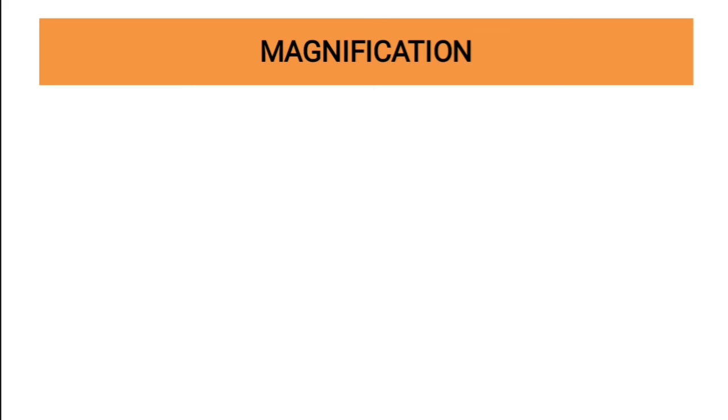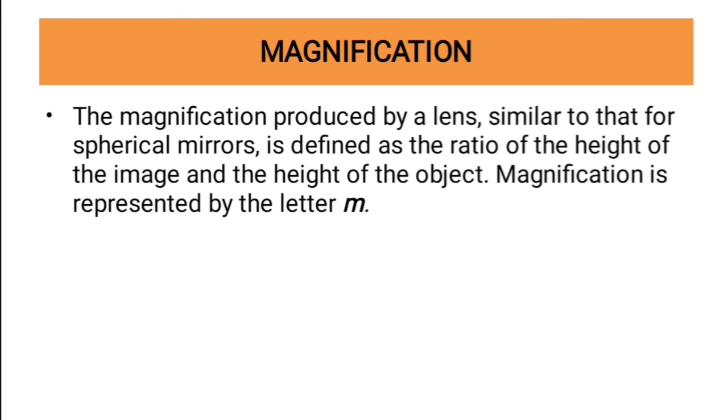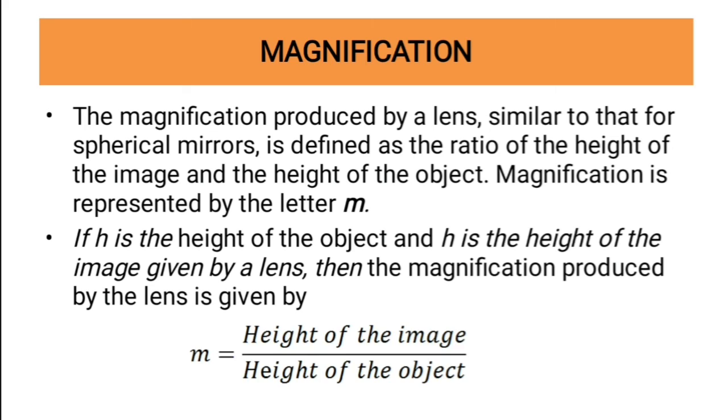Well, with that we arrive at another topic, magnification, which was there for mirrors also. So here also there is a formula for the magnification produced by a lens. The process is the same. You have to find the height of the image to the height of the object. No difference in that.